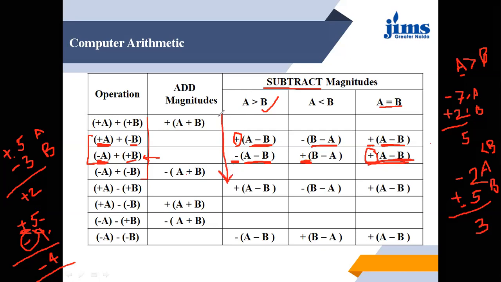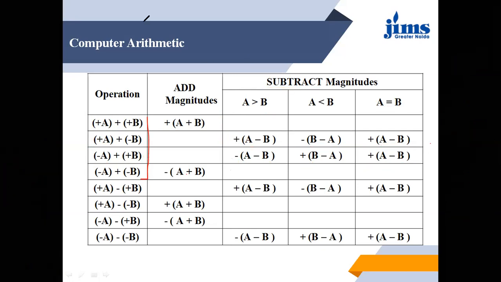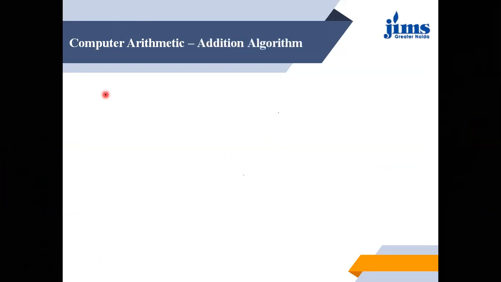The numbers can be the same or the numbers can be different. Now I will complete that algorithm. Let me come to the algorithm. So this was the algorithm we were doing: to find the addition of two numbers, first we have to check the sign. There are two possibilities, sign can be same or sign can be different.